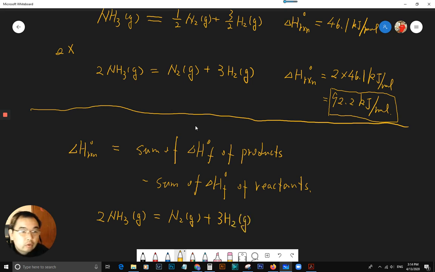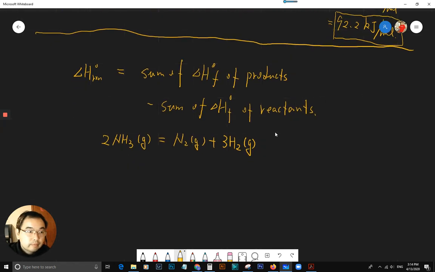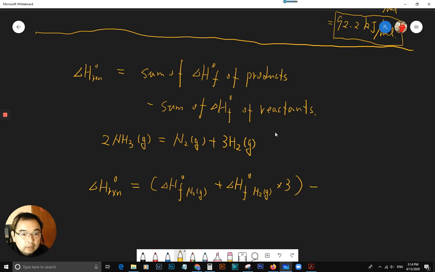So the enthalpy of this reaction can be written as the sum of the enthalpy of the products, which is the enthalpy of formation of nitrogen gas plus the enthalpy of formation of hydrogen gas times 3, and minus the enthalpy of formation of ammonia gas times 2.